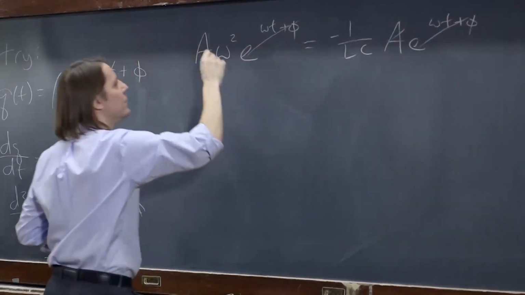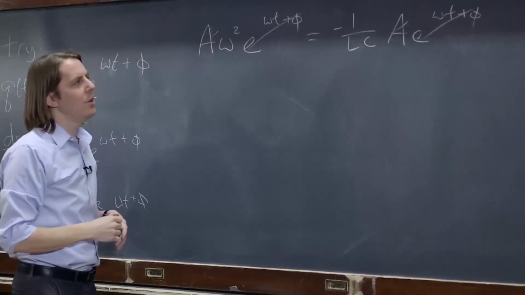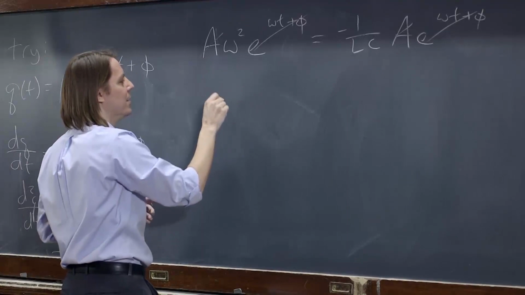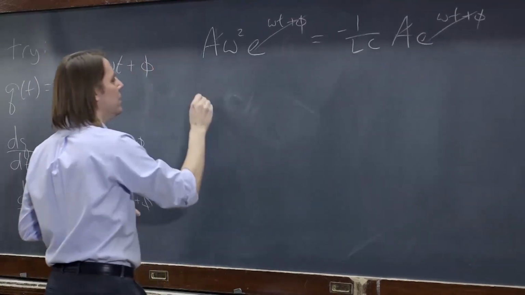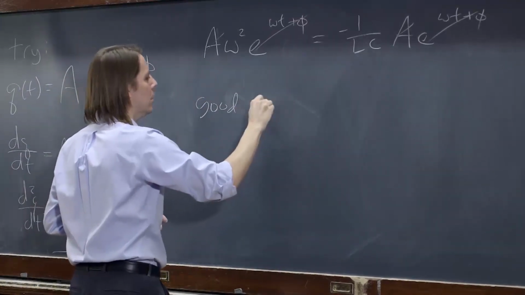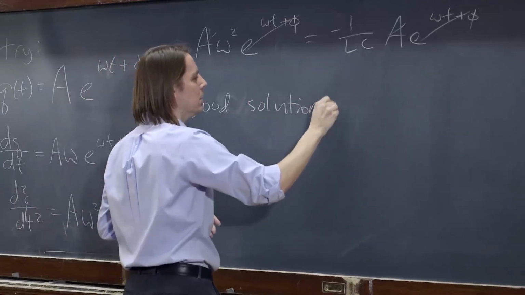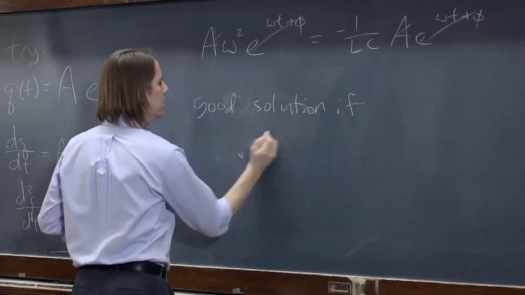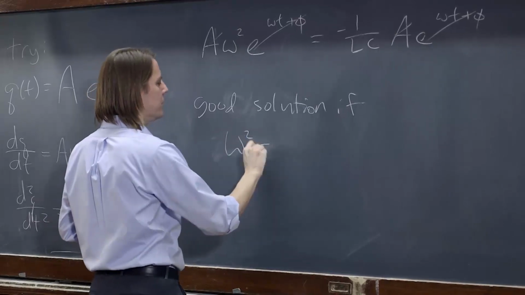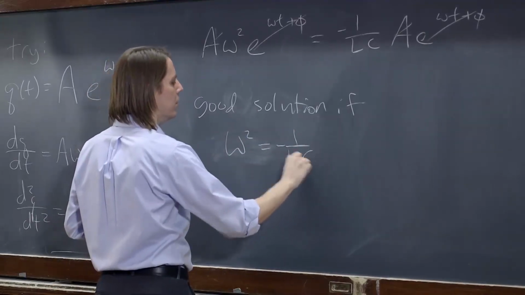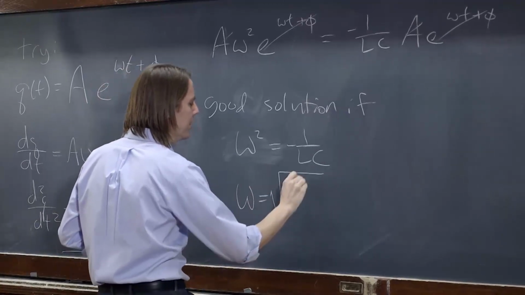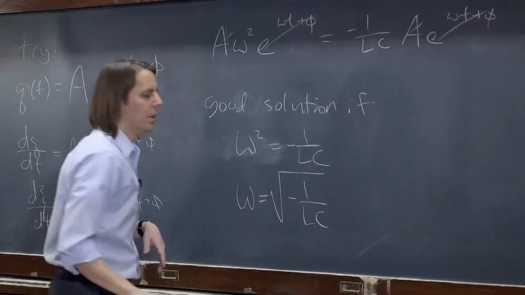Interesting. And the A's go away. Same thing. The equation says I don't care about the A and the phi, I only care about this omega. And it says it's a good solution if omega squared is minus 1 over LC. Therefore, omega is the square root of minus 1 over LC.